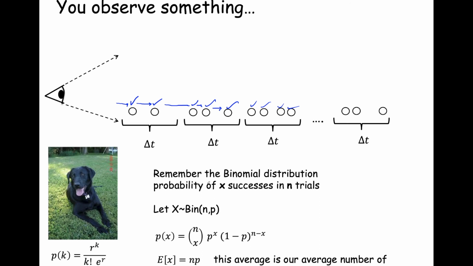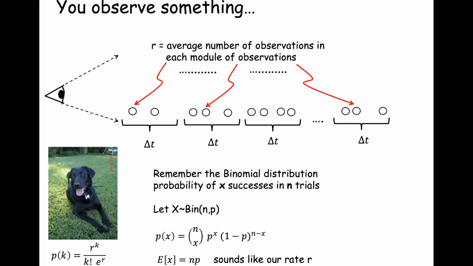So E equals np for the binomial is the average number of successes. And so if we talk about average number of successes, we can think about that average number of successes as the average number of the occurrences of the event. And so this E, the expectation of a binomial random variable, it looks just like our rate, where the rate is the average number of observations in each of these windows of observation that are consistent over time.